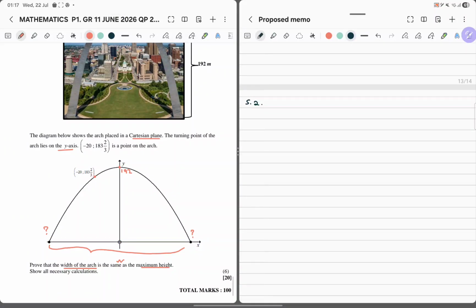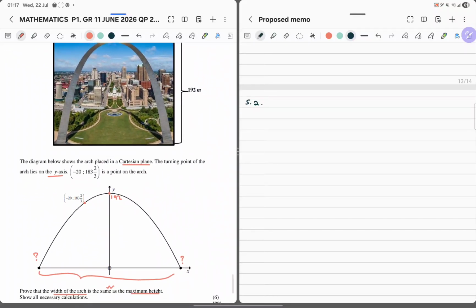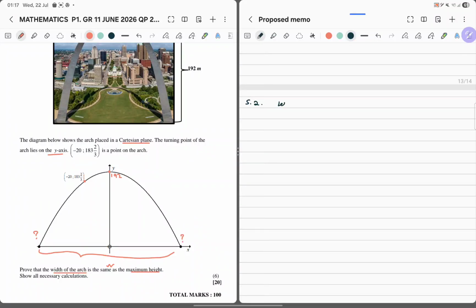Right, so we can just say let the parabola be f of x, such that f of x is equal to a into x minus p all squared plus q.